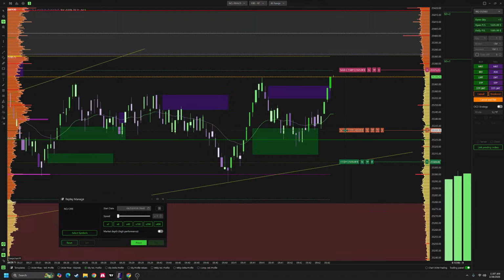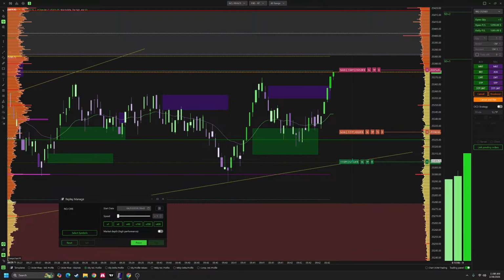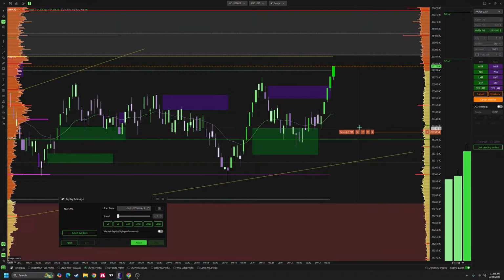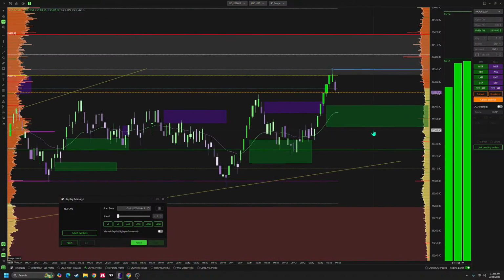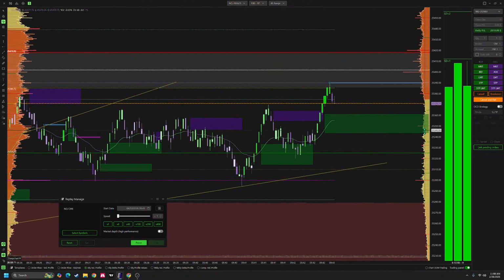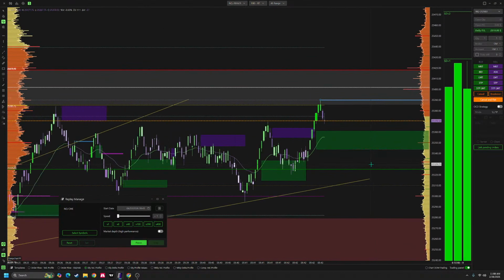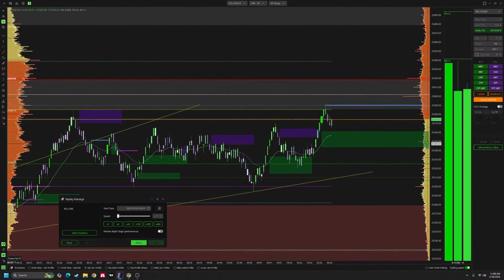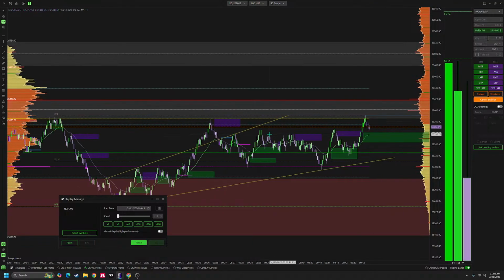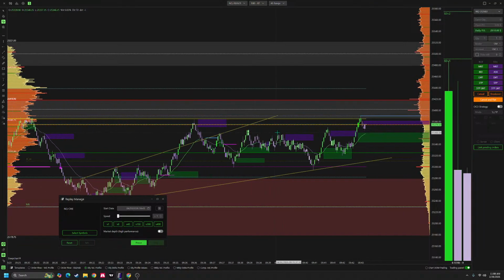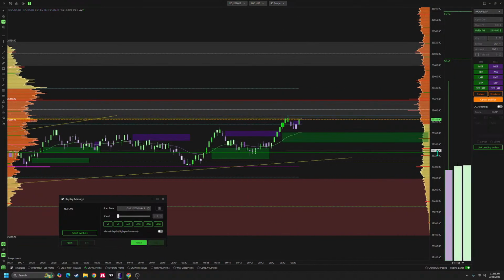This looks like a strong protection zone. And we take our profit and we expect to see some resistance at that zone. Do we want to continue upward? I don't know.